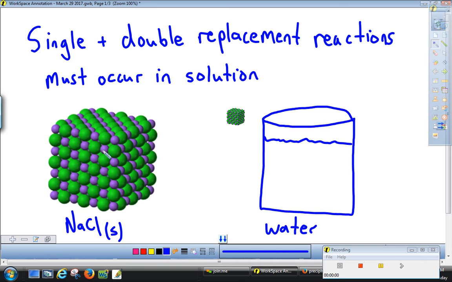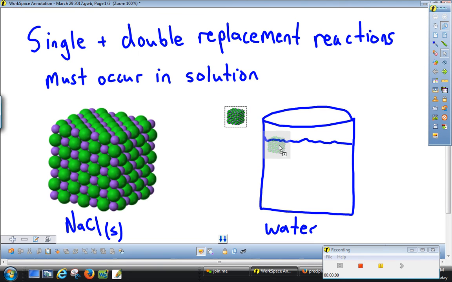The only way a replacement reaction can occur is if these ions can switch places, and the only way they can switch places is if they're dissolved in water. If we take this crystal lattice and put it in a beaker of water, it's going to dissolve. I mean it's going to split up into the ions it's made up of.